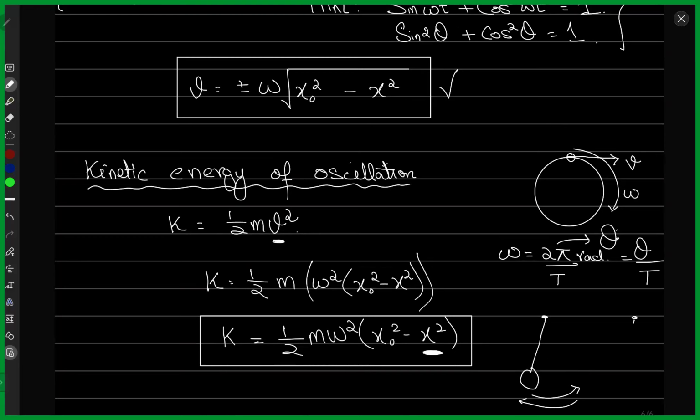In reality, the pendulum will oscillate, then slowly its amplitude will start decreasing, right? So now it will move even less to there, and then even less, and then even less, and eventually it will come to a stop, right? But so far right now, omega is a constant, and this is the kinetic energy of this type of oscillations.